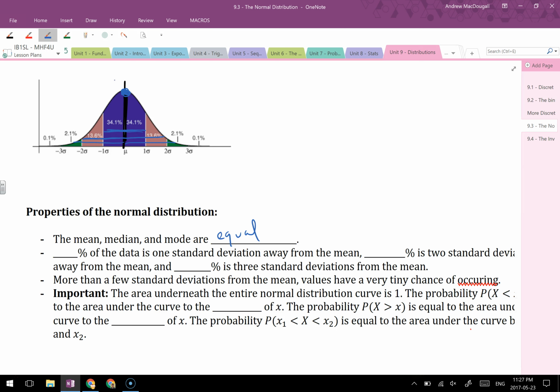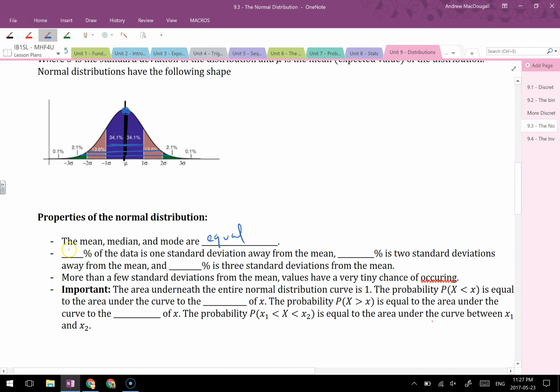Because the same amount of data lies to the left of the median as lies to the right, the median also is the center of the data. We've already talked about this, but 68%, 95%, 99%. And more than a few standard deviations from the mean, values have a very tiny chance of occurring.